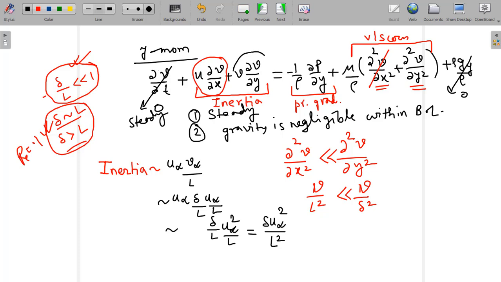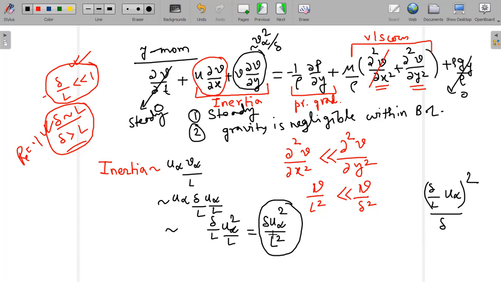If you consider the second part, v infinity square by delta, that is delta by L into u infinity, which is v infinity, squared and divided by delta. If you simplify, you get the same result, delta u infinity square by L square.